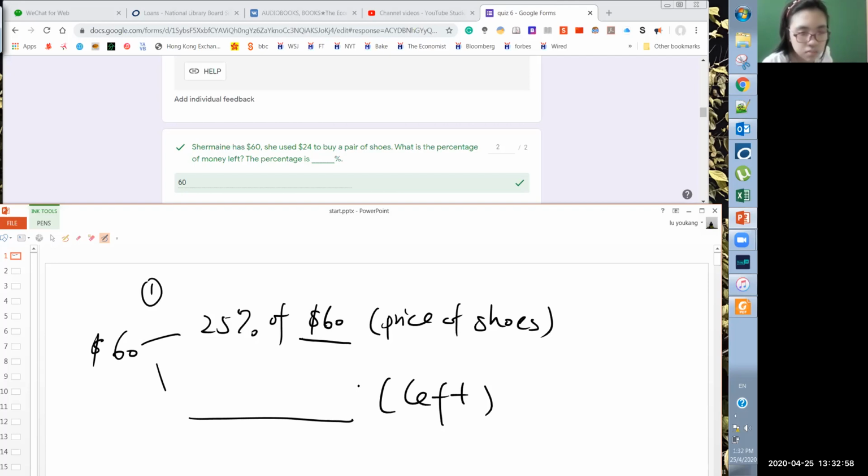Let me try this first. So 25% is the price of the shoes. So how do you fill up this blank space? You can use a calculator. Okay, tell me what you fill up here first.